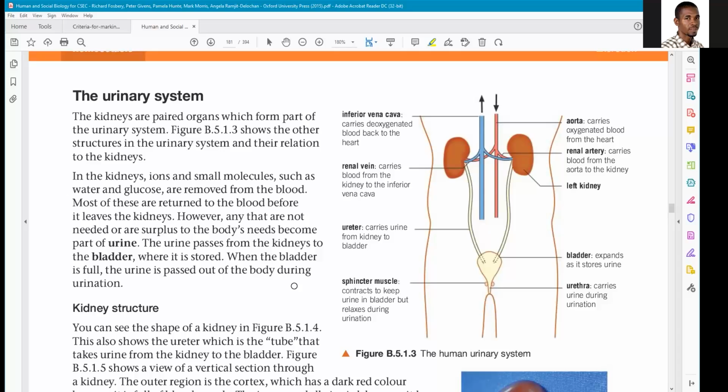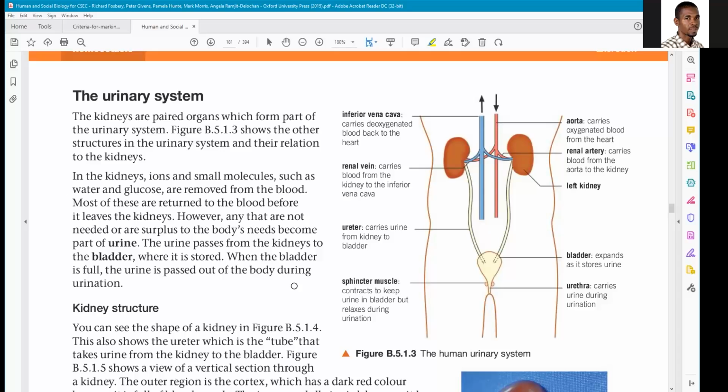These substances I mentioned just now, ions, small molecules such as water and glucose, when the blood goes to the kidney, it goes there under high pressure. It goes into a structure which renders it to be under high pressure. So all these substances are filtered out of the blood. They actually leave the blood vessels and go into a special tube called the Bowman's capsule.